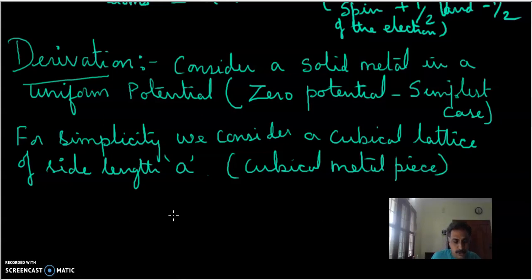So we consider these two things: potential is zero and cubical lattice of side A.